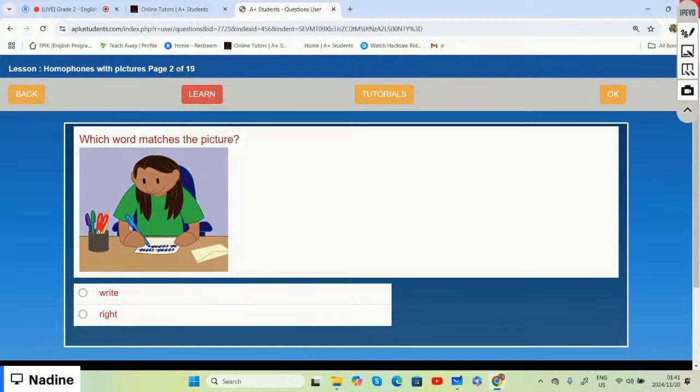So which word is correct that matches our picture?